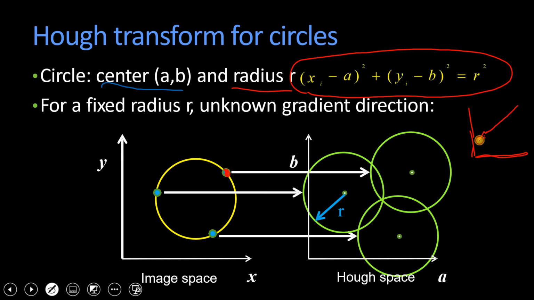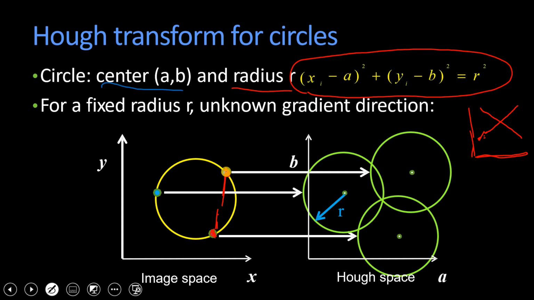Then there was another point, represented by another line. All the points on this line represent lines and they pass through this point. So these two lines intersect at one location, and that location is the line that will connect these two. This was the theory for lines, not circles.